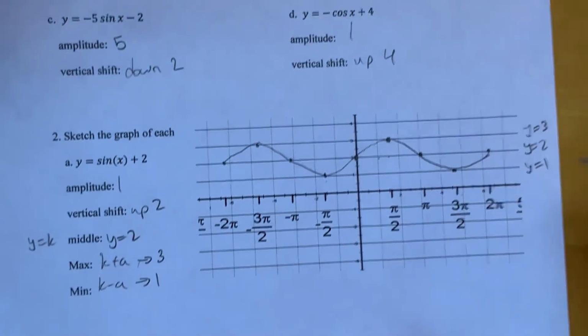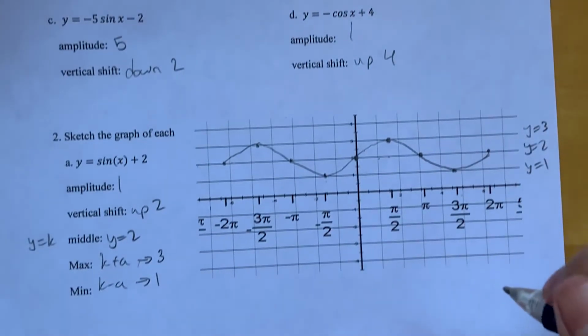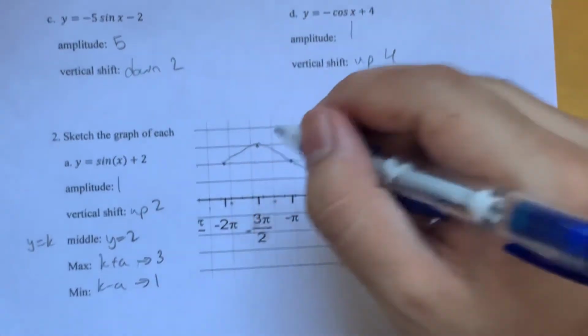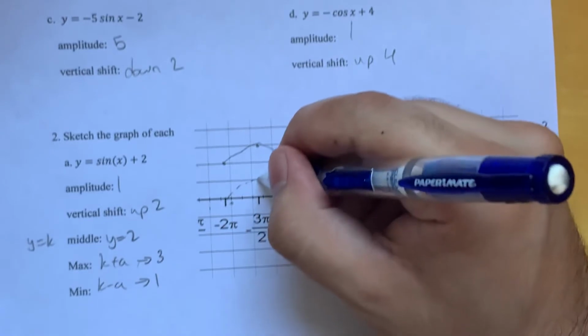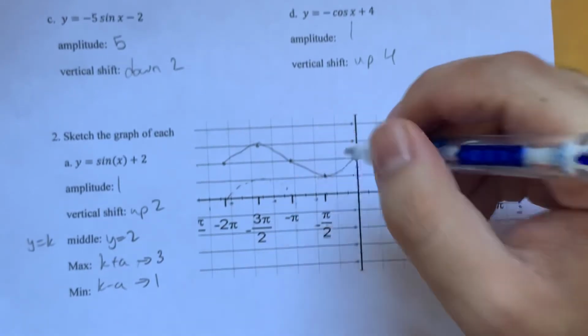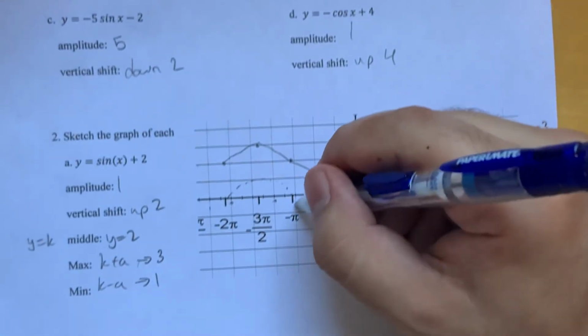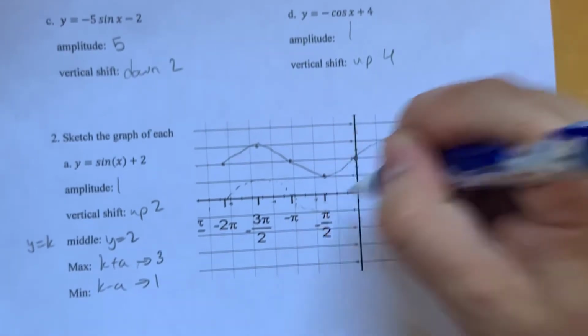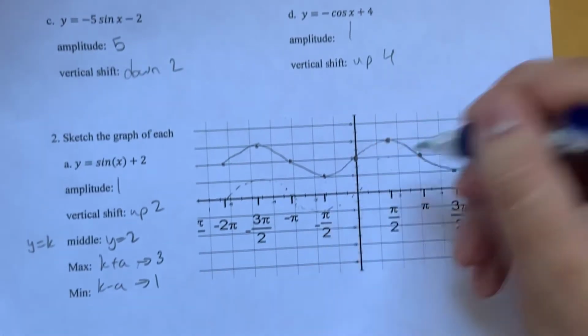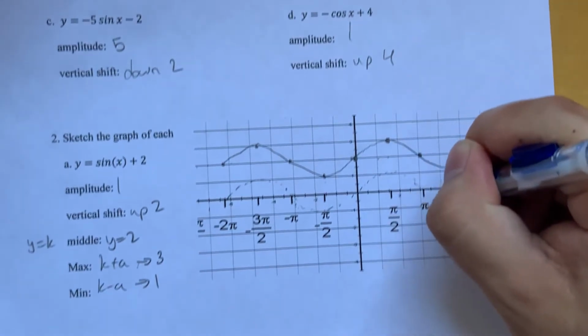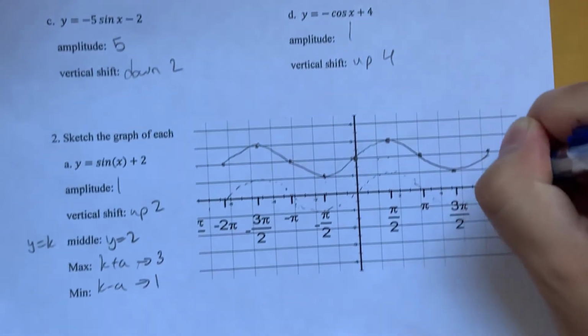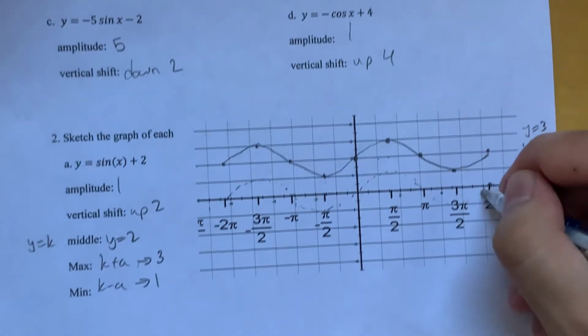All right, let me draw my parent graph on here to show you guys all the shifters. So here we go. Going to come back through here, come back up, hit 0, come back through there, hit 0, come back up, and then end at 2 pi.